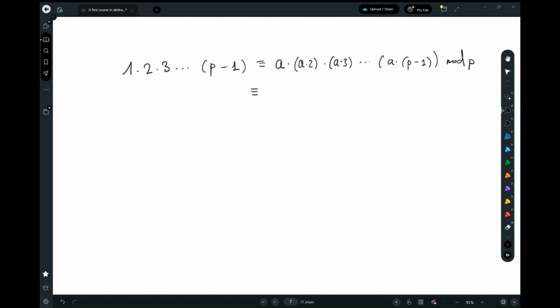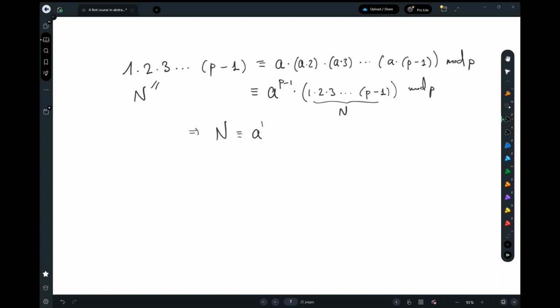But now on the right-hand side, I can take all these powers of a out, and you see that there are p minus 1 factors in here. So this is a to the p minus 1 times 1 times 2 times 3 up to p minus 1. That's what I keep left over after I take all those powers of a out. But now if I call this product n on both sides, it turns out that n is congruent to a to the p minus 1 times n modulo p.